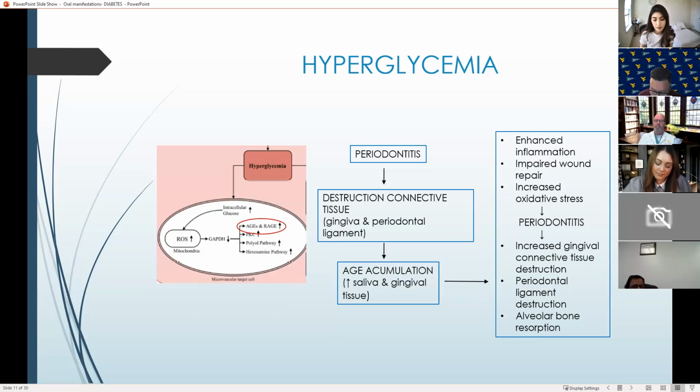AGEs and RAGE are both increased in gingival tissue and saliva of patients with type 1 and type 2 diabetes. The mechanism by which AGEs are involved in periodontal tissue destruction is probably the same as in the well-known complications of diabetes. As we can see here, enhanced inflammation, impaired wound repair, increased oxidative stress. This results in increased gingival connective tissue and periodontal ligament destruction and alveolar bone resorption.